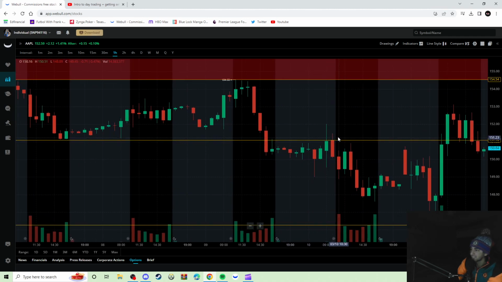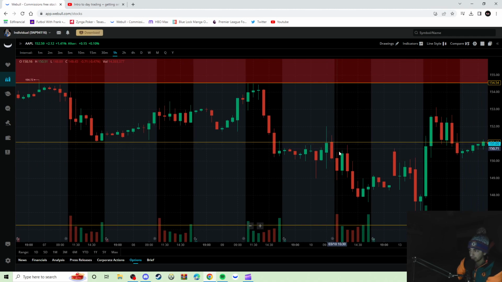And then we get a retest of that level, and this former area of support is now a resistance level, indicating a further downside move, which we do see on this day here.